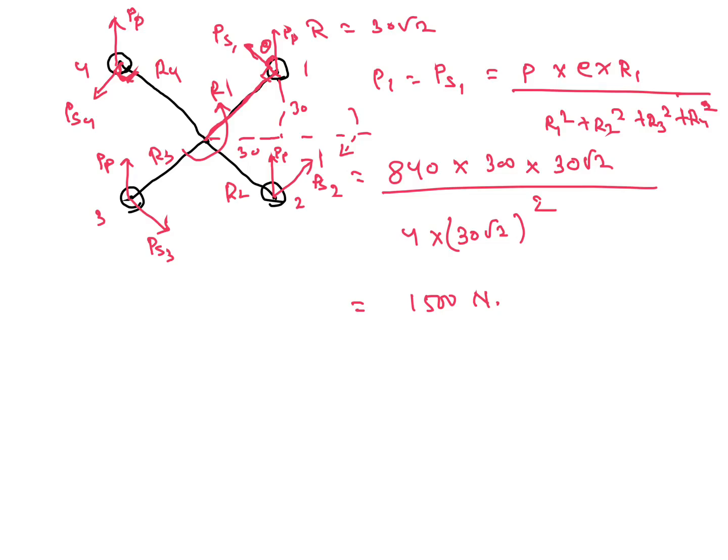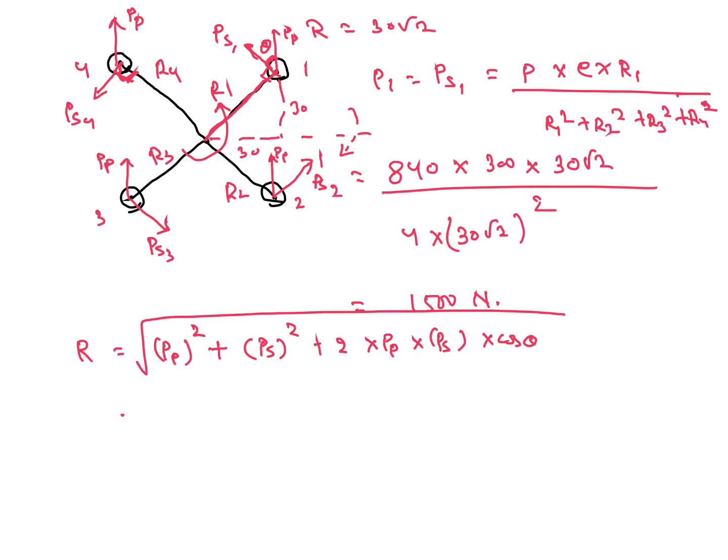So resultant load R equals root of P square plus Q square plus 2PQ cos theta. So resultant is root of primary square plus secondary square plus 2 into primary load into secondary load into cos theta. Primary load we already got.